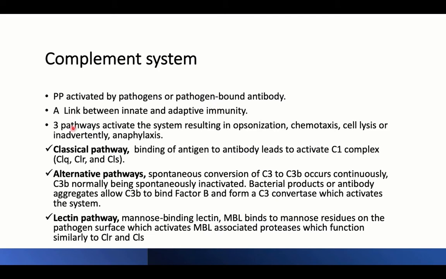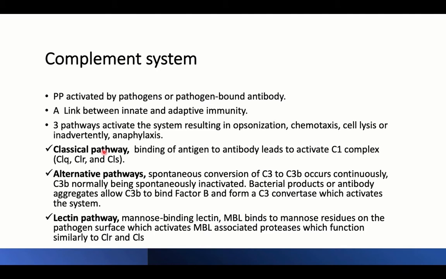There are three pathways discovered that activate the system, resulting finally in opsonization, chemotaxis, cell lysis, or inadvertently anaphylaxis. So stimulation of the complement system will end by the immune response in the form of opsonization, chemotaxis, or cell lysis, and in some abnormal cases this can be exaggerated, ending in anaphylaxis.